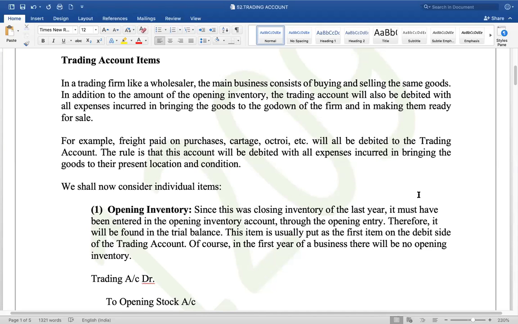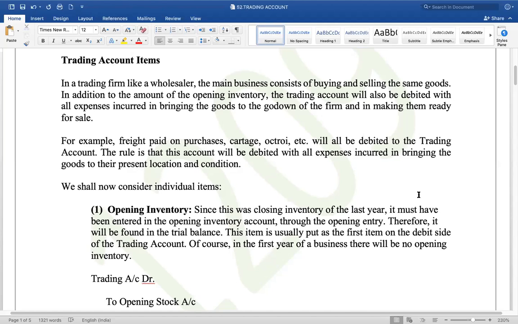Let's say you bought a machine for 2 lakhs and you have paid transportation of 10,000, various taxes while it is coming, all put together 5,000, and another 5,000 you pay to the service engineer. So all put together, it is 20,000.